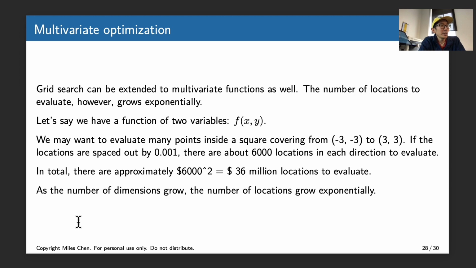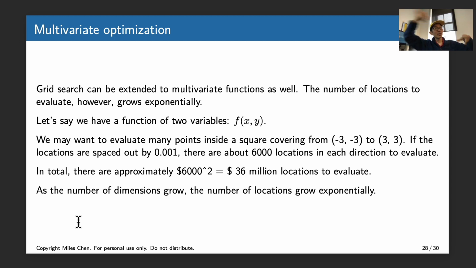And the thing is, a grid search becomes very inefficient in higher dimensions. Because if you're going to search from -3 to +3, you might have around 6,000 locations to search, okay? But what if you now have a plane, and you're going to go from the corner -3, -3 to the corner +3, +3?